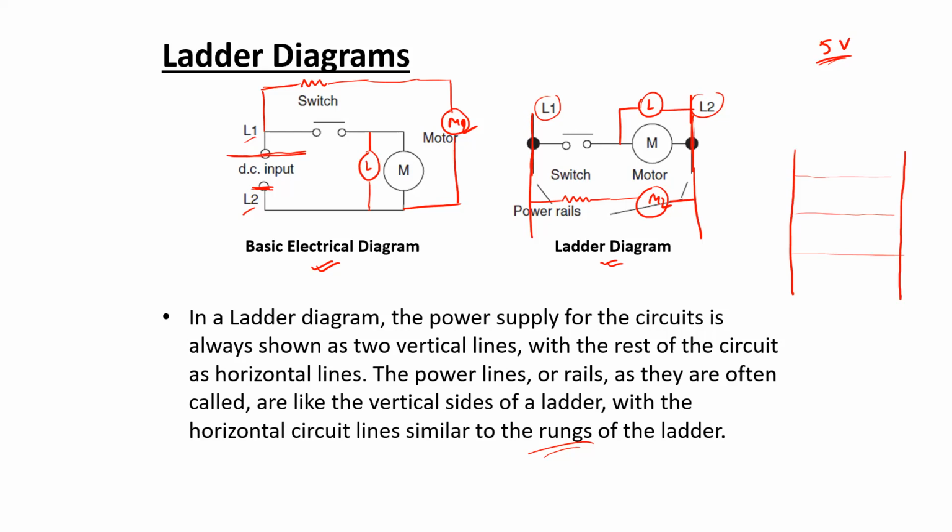So for that reason, we don't have to bother about whether multiple input devices are operated at different voltage levels, or different output devices are operated at different output voltage levels, because the CPU is always going to be operating at 5 volts.